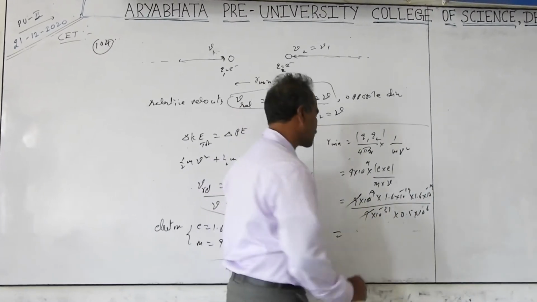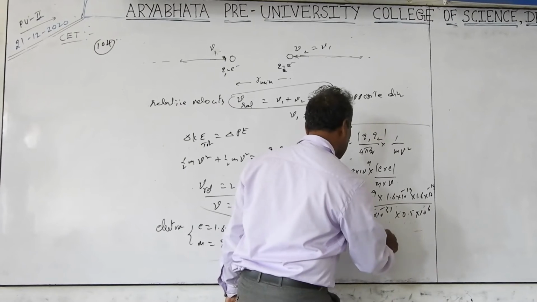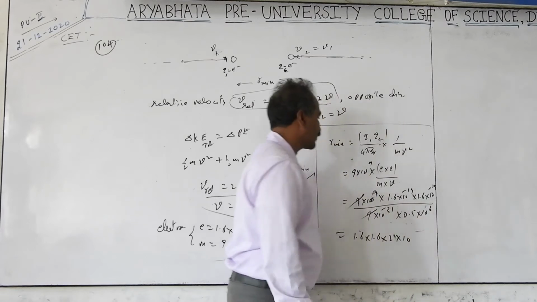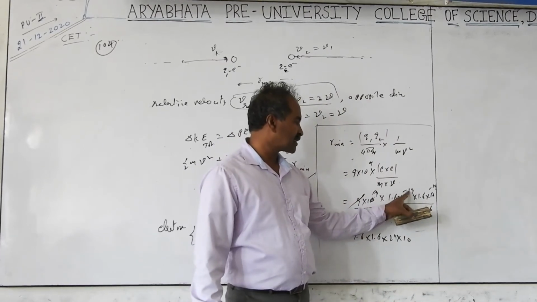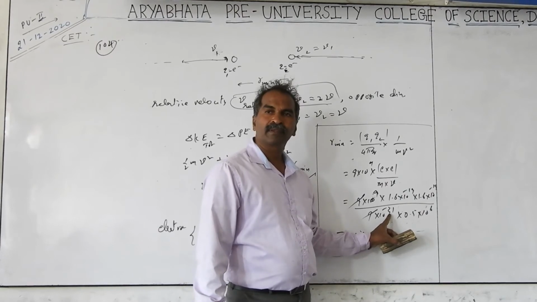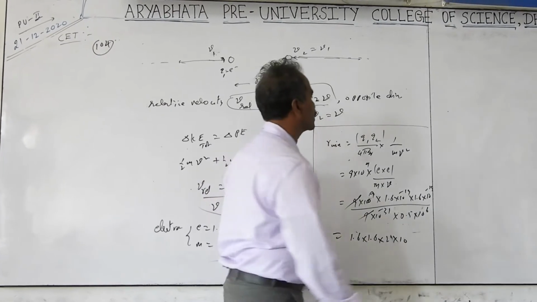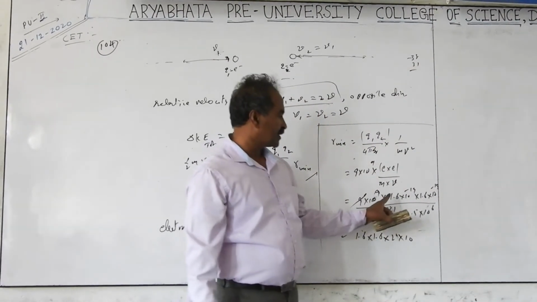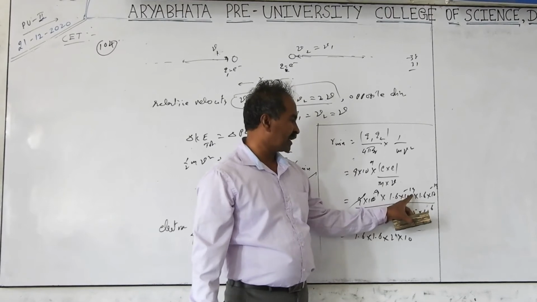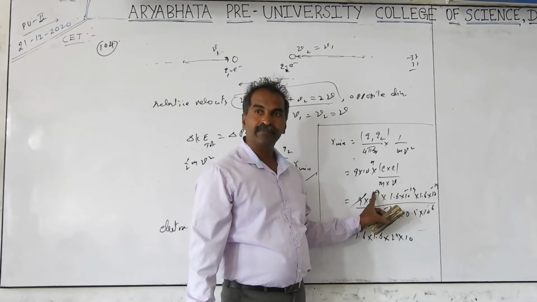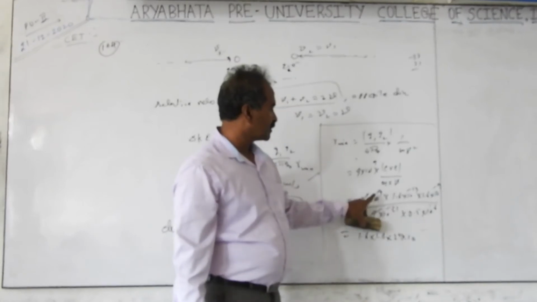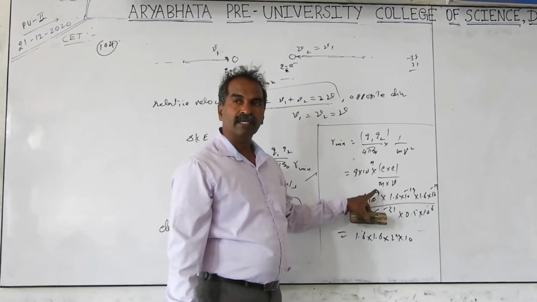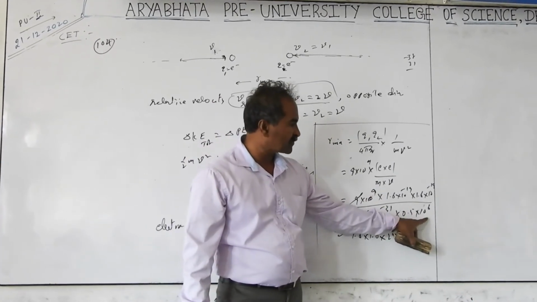So what is left is 1.6 into 1.6 into 2, into 10 to the power of minus 38 plus 31, which is minus 7. Then minus 7 plus 9 is plus 2.